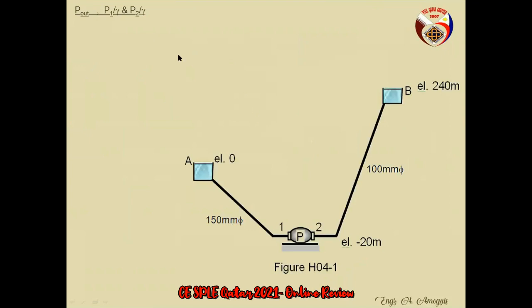Ito siya. Yung total energy level at point A, kaya nating magawa ng energy level. Asaan yung energy at A? By the way, kung yan reservoir, malaking yan, 'di ba? Ina-assume na malaking surface area.